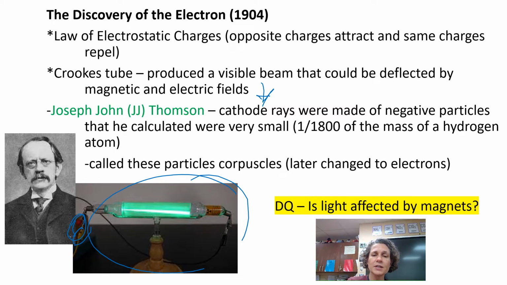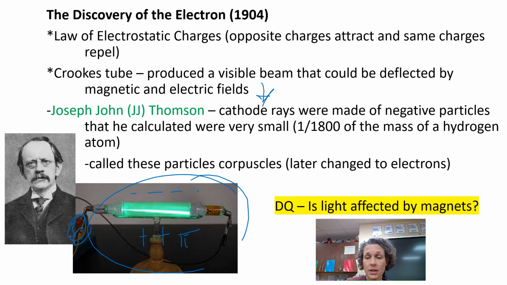And he knew this because if you put positive down on this side of the tube, if we're talking about magnets, and negative up here, that doesn't show up super well in my picture, then that beam of particles would bend down towards the positive, because again, electrostatic charges, opposites attract and same charges repel.